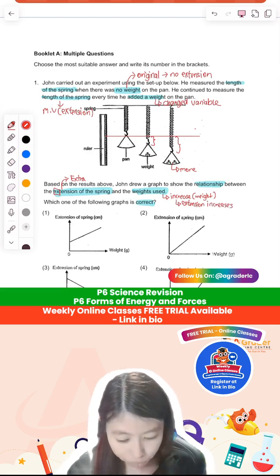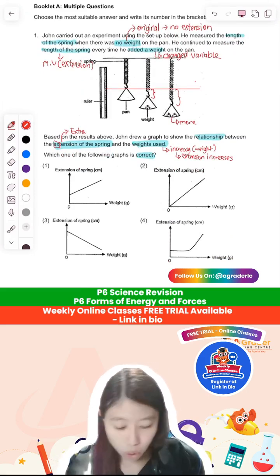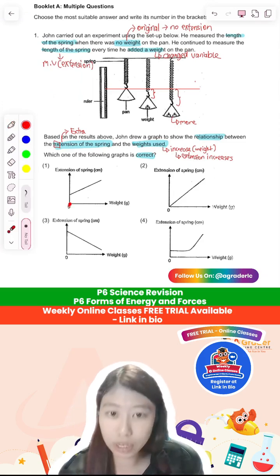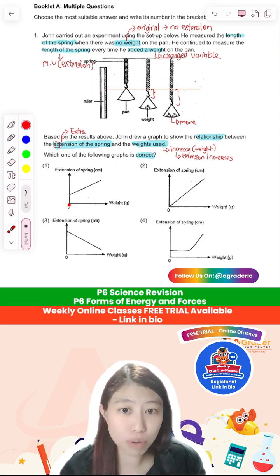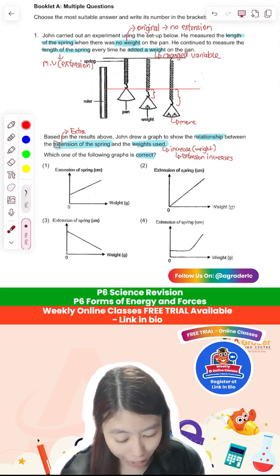But you need to understand, extension means extra. If you look at the graph here, the left corner of the graph is always 0. So if there is 0 weight, should there be any extra length?